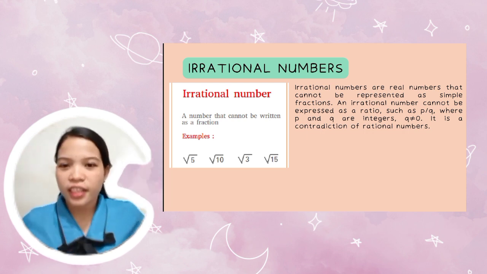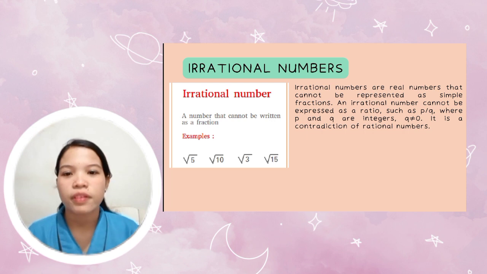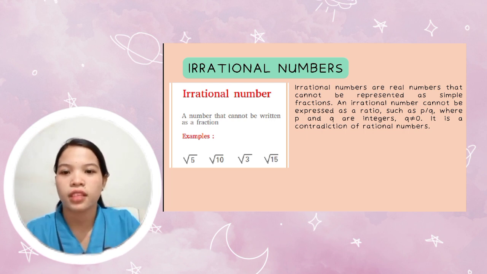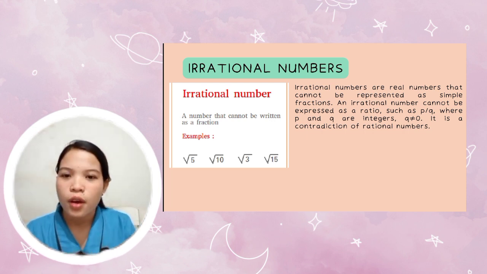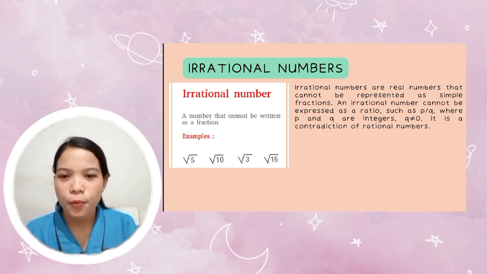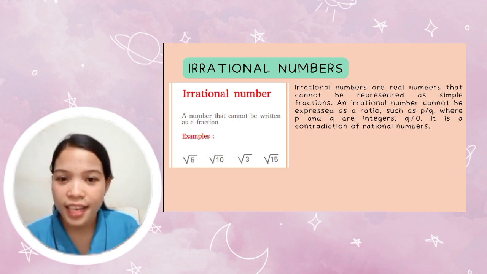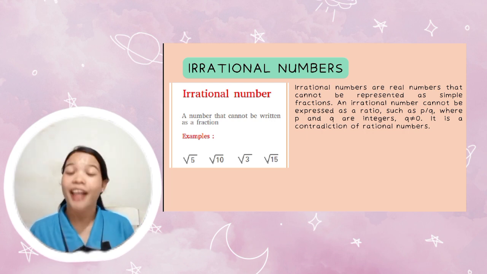On the other hand, irrational numbers are numbers that cannot be written as a fraction. An example of this is square root of 5. Why is square root of 5 considered an irrational number? Square root of 5, square root of 10, square root of 3, and square root of 15 are considered irrational numbers.